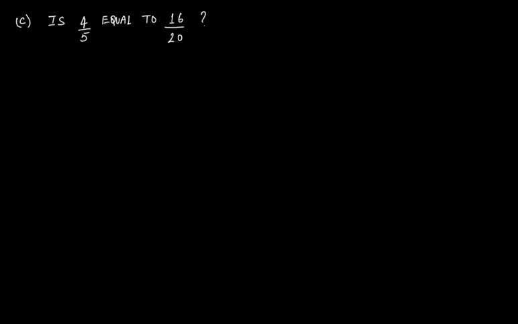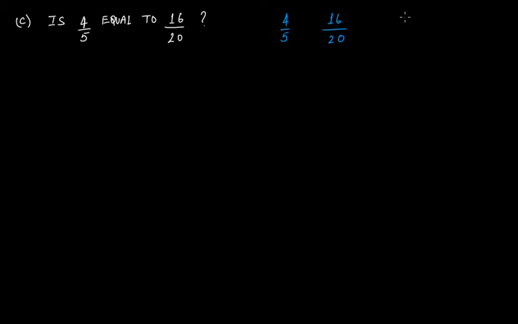In this example, again, you have 4 by 5 and we have 16 by 20. Since these two are unlike fractions and even their numerators are not the same, convert them into like fractions. How?